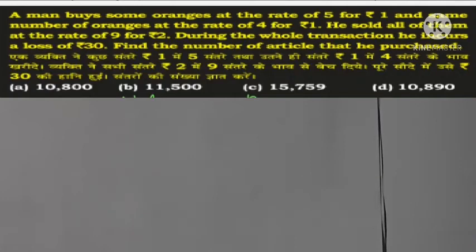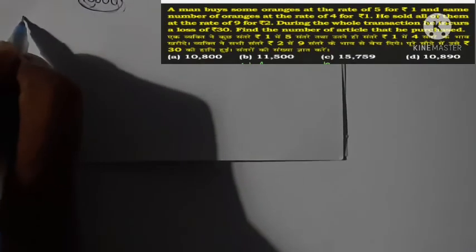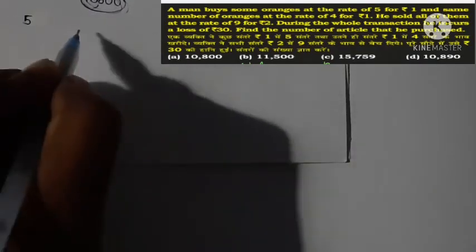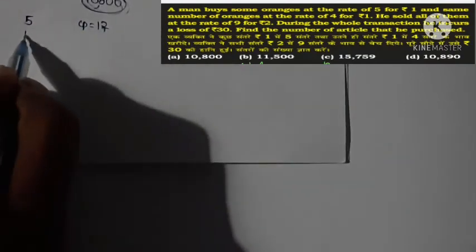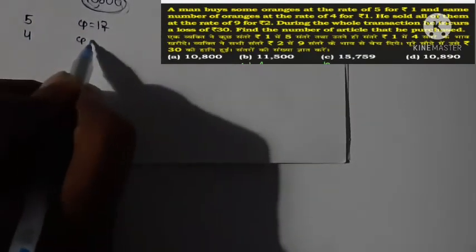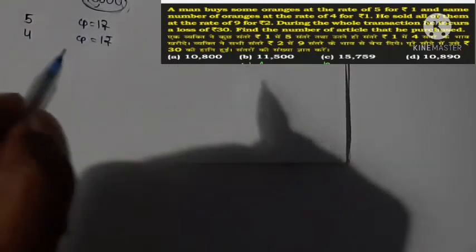Find the number of articles that he purchased. So 5 oranges cost price is equal to 1 rupee, and 4 oranges cost price is equal to 1 rupee.